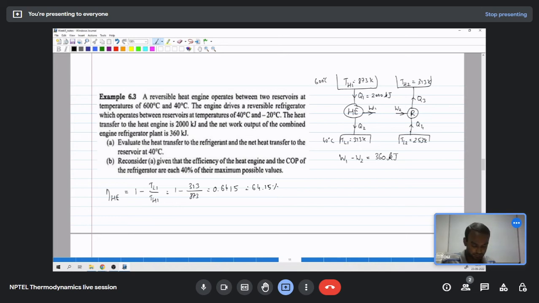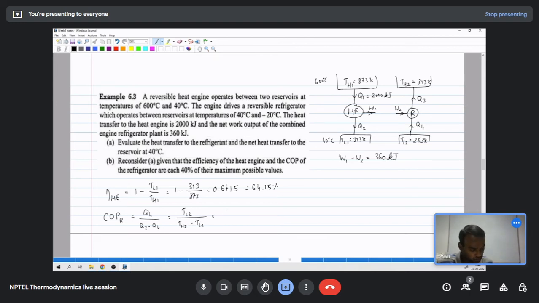And calculating the COP of the refrigeration system, we have Q4 by Q3 minus Q4, which is 253 Kelvin in terms of temperature. Write the formula first: TL2 divided by TH2 minus TL2.